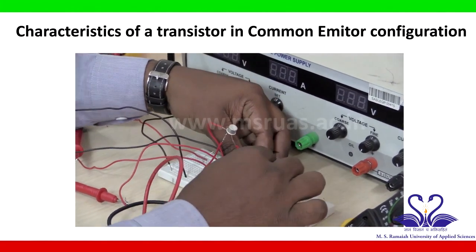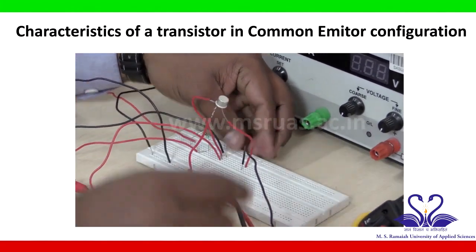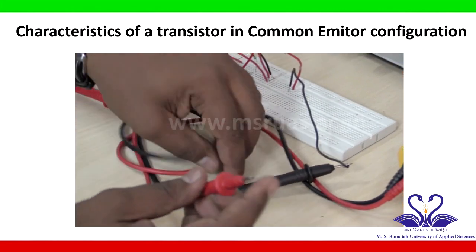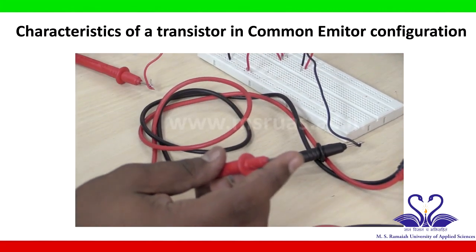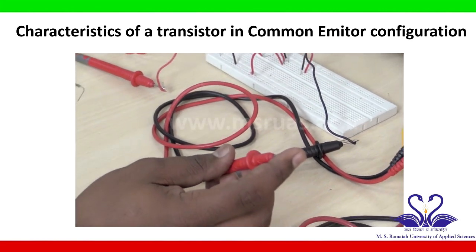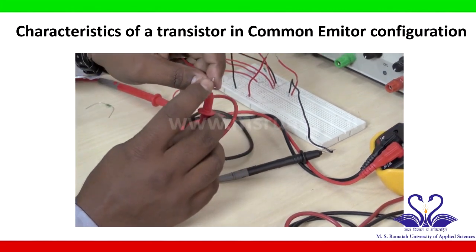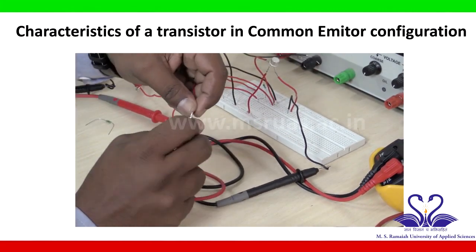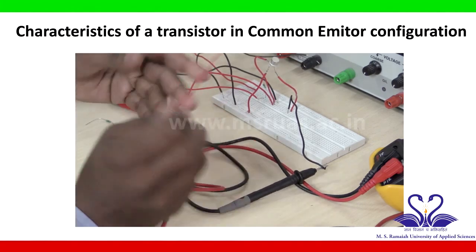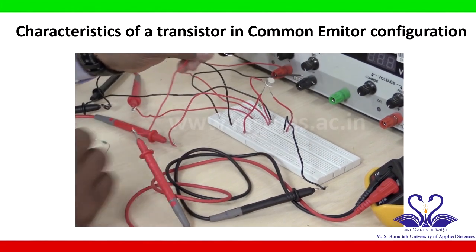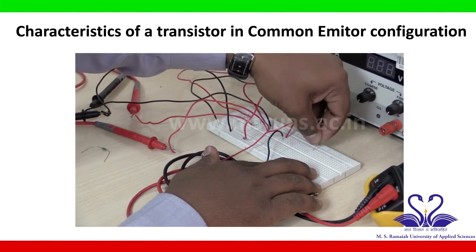This is the collector of the transistor, and another end of the ammeter, that is the positive end, is connected to the 1K resistor. So take one connecting wire, which is connected to the resistor. So connect somewhere in the breadboard.